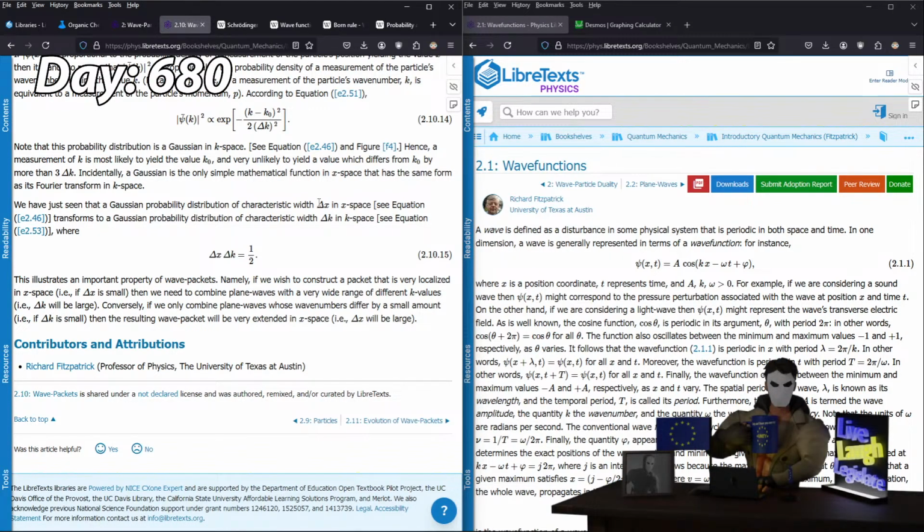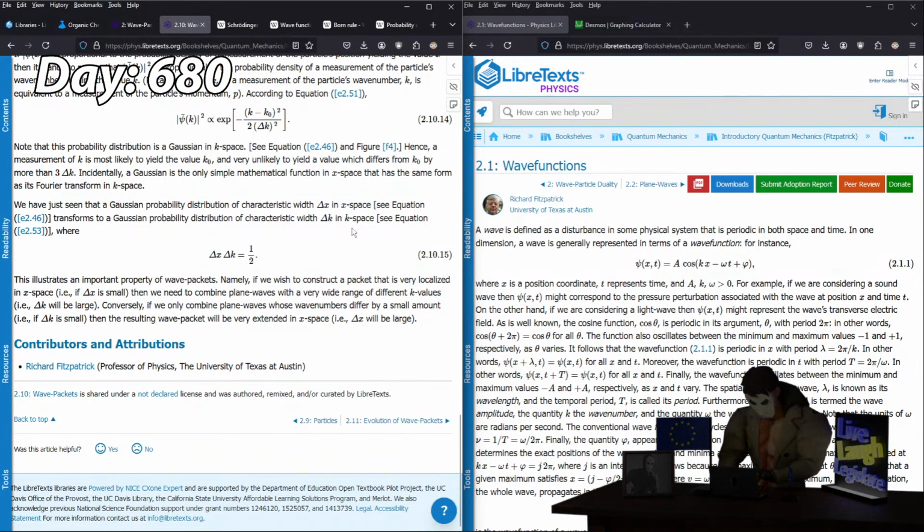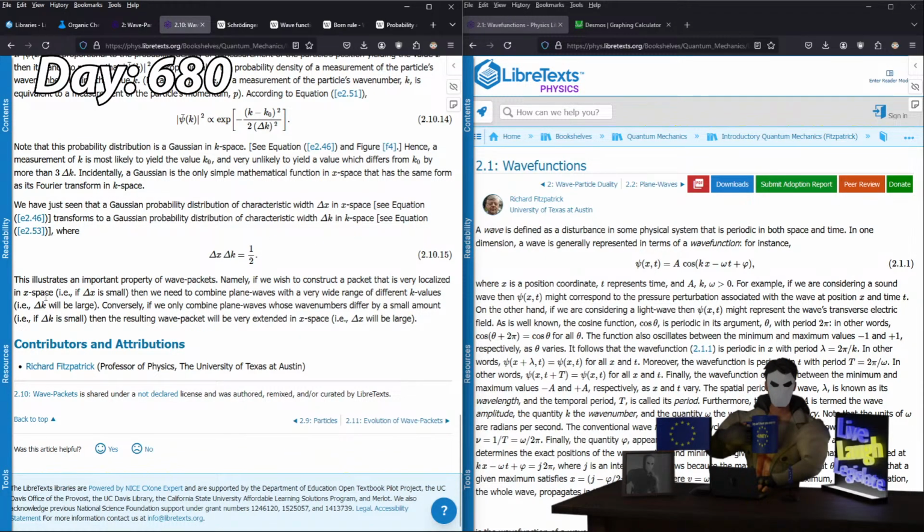Makes sense. That makes a lot of sense. Okay, now it's probably the distribution of the Gaussian in K space and the measurement of it. Yeah, so the Gaussian probability distribution in K space. Is that the uncertainty principle? Probably wave packets that are very localized in X space. We need to combine plane waves with a very wide range of different K values.